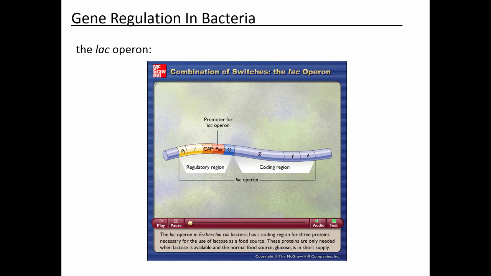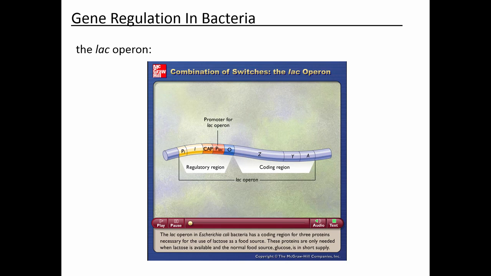And the fourth situation is that you lack glucose, but now you have lactose in the environment. Those are the 4 possible conditions with respect to these 2 nutrients. And what we're going to see in terms of regulation of this operon is that it's off in these first three situations.